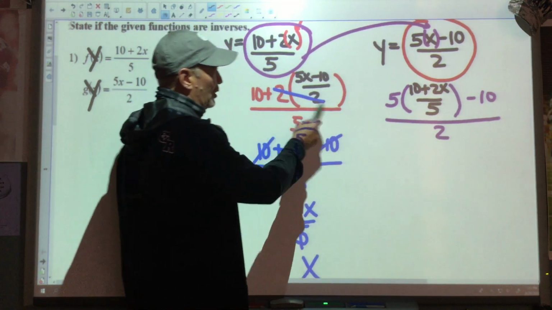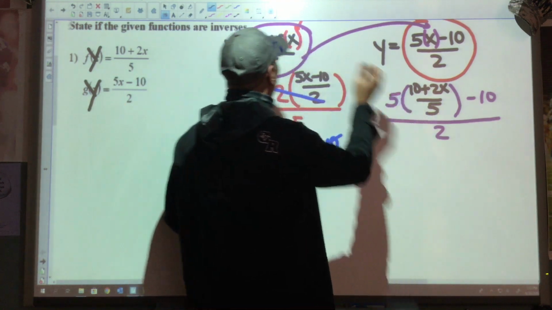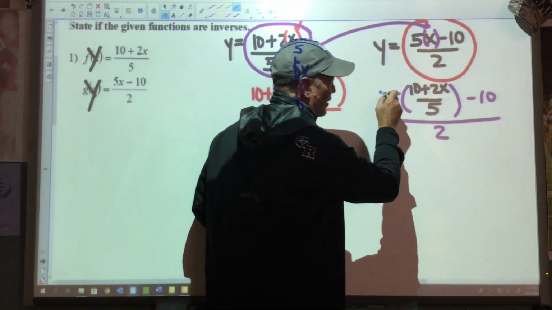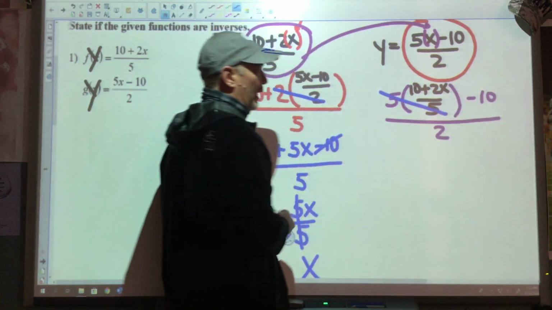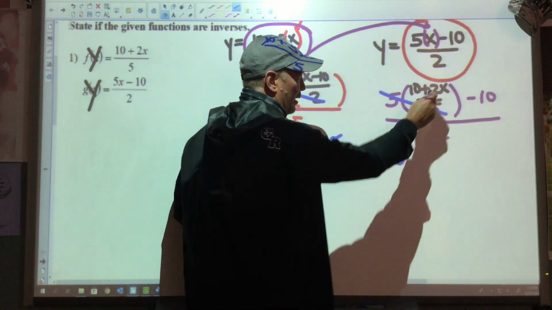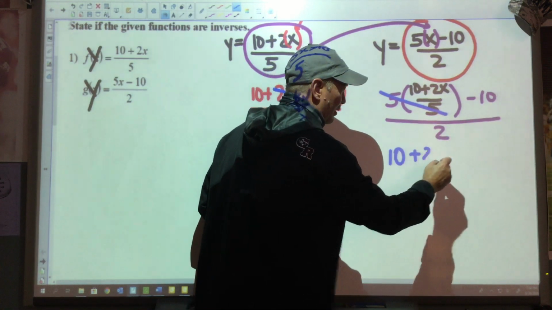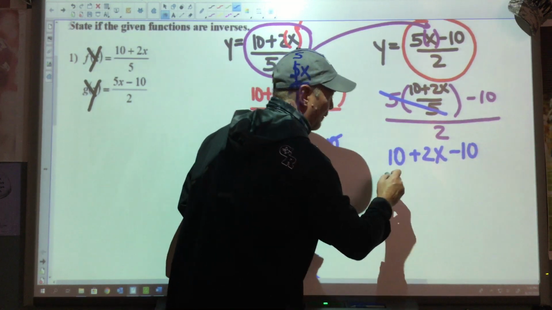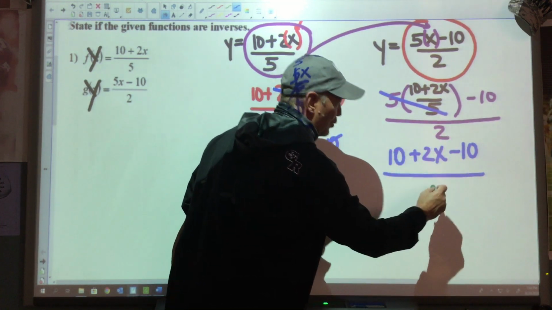Same thing that happened with the 2's. Look what's about to happen to the 5's. The 5's are going to cancel. And what will that leave us with? That's going to leave us with 10 plus 2x minus 10 divided by 2.